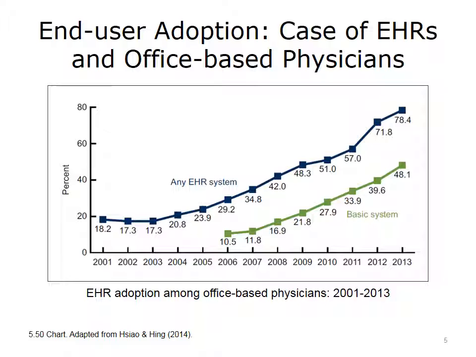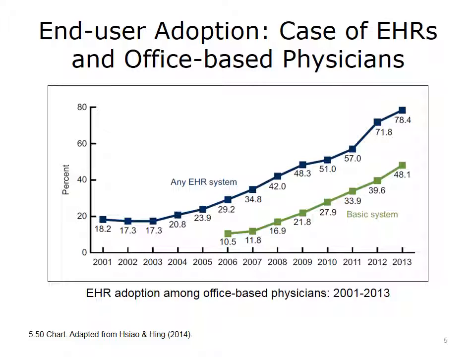Similar to the increased adoption of EHRs among hospitals, as depicted by this diagram, the adoption of EHRs has also increased among office-based physicians. Indeed, the adoption of basic EHR systems, which include more features than any EHRs, has increased from almost 10% in 2006 to more than 48% in 2014.